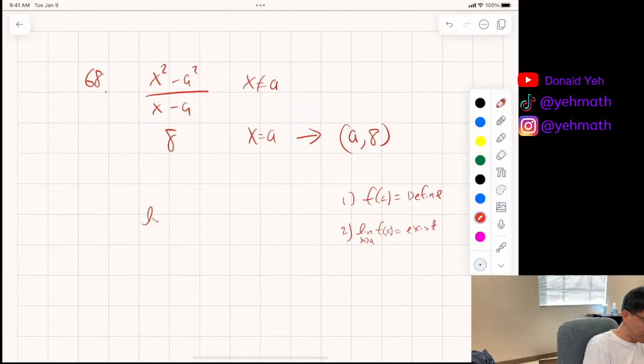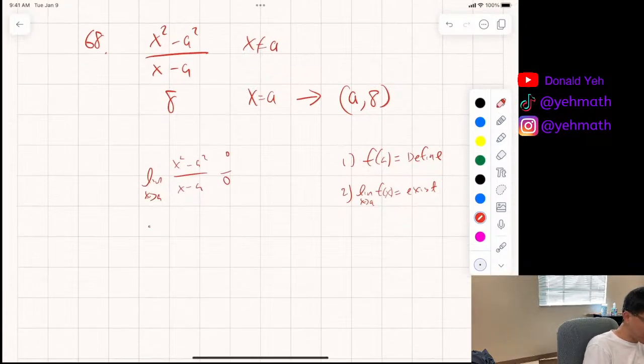Now I'm going to say the limit as x approaches a of (x squared minus a squared) over (x minus a). If I plug in, I'm going to get 0 over 0. So I'm going to get the limit as x approaches a of (x plus a)(x minus a) over (x minus a), so that ends up to be 2a.